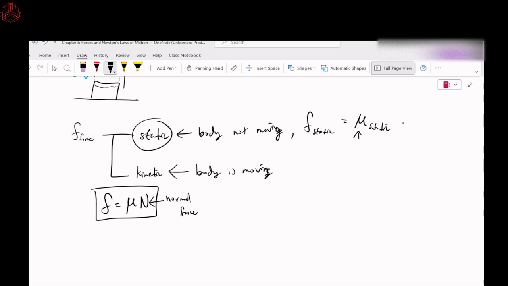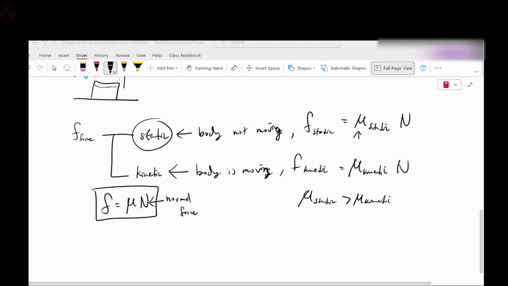And then if I have kinetic, which is moving, I will again have mu, but this time change the label to kinetic, N. In general, you will have mu static bigger than mu kinetic.